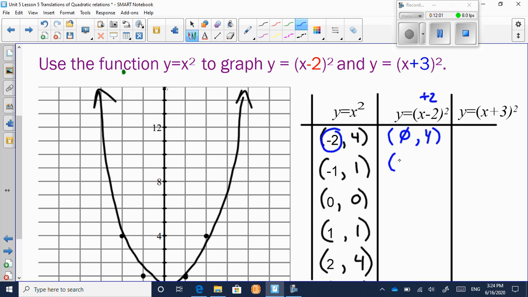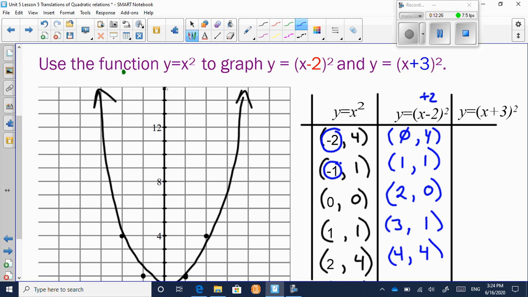All right, so here we go. The next point, it's -1 plus 2 is 1. And the y value stays the same. A 0 plus 2 is 2. 1 plus 2 is 3. And notice that I'm just keeping my y's the same. 2 plus 2 is 4, and the y stays the same.